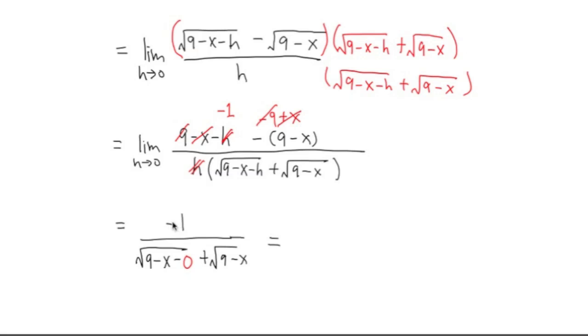And take a look. On the top is negative 1. On the denominator, we have two of the same square root. Both insides are 9 minus x. So two of them is 2 square root of 9 minus x. And overall, this is going to be the final answer. This is g prime of x. That's it.